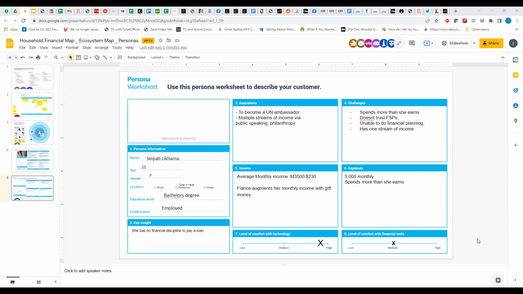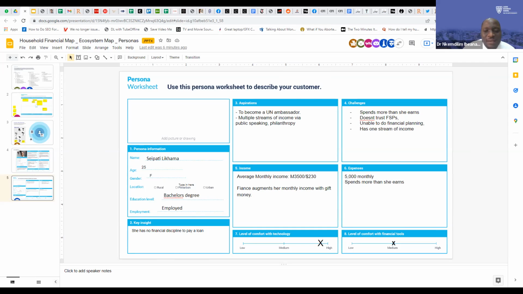So maybe we can develop tools that make it easier for her to bank digitally. I think that is as far as we were able to go. Thank you.